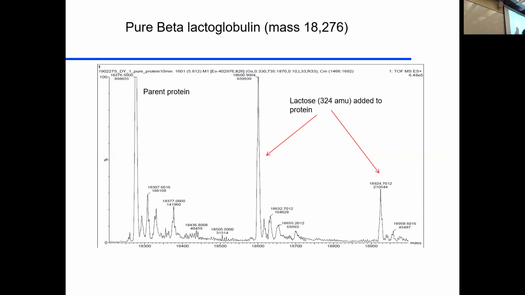And so the machine is also now measuring my Maillard reaction. That's one lactose added to the protein, and this is with a second lactose. So again, I have the ability to measure what adds on to my protein, what's chemically reacted with my protein.